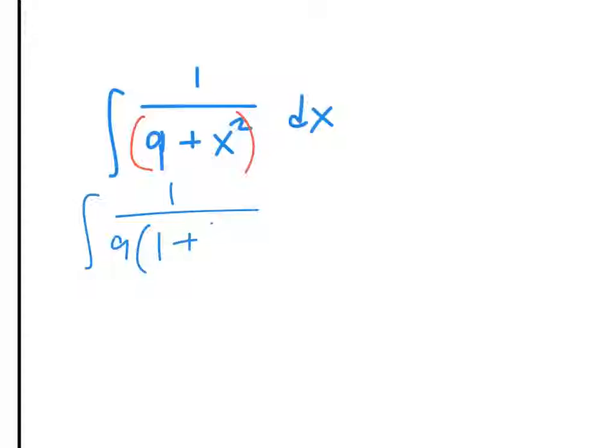So 1 plus x squared over 9. When you take 9 out, you're basically dividing every term by 9. Now take a look at this one. The x squared over 9, or whatever that is going to be, is always going to be something that you can square. So you're going to change it into something squared.